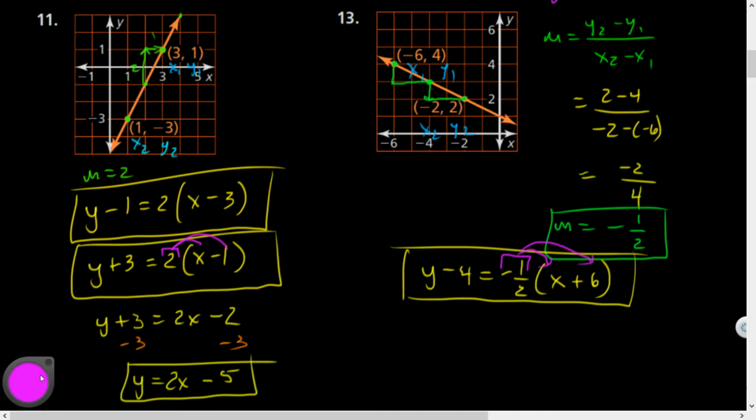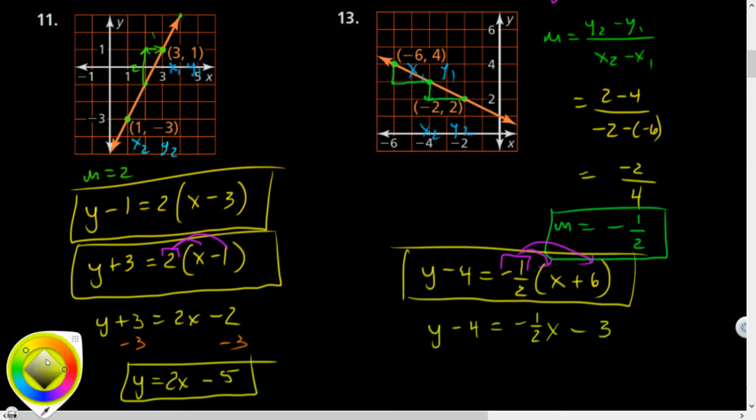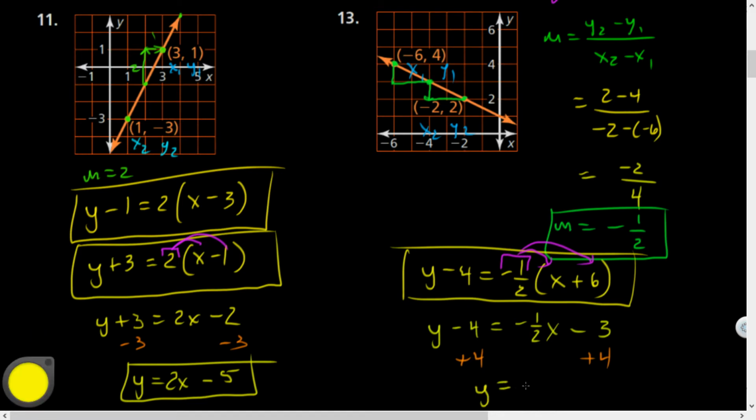So I'm gonna have y minus 4 equals negative 1/2 x. Negative times a positive is negative. What's half of 6? 3. Okay, all right. So those fractions didn't end up scaring us too much. Add 4 to both sides to get y by itself. And here is the unique one way of writing the slope-intercept form, negative 1/2 x plus 1.